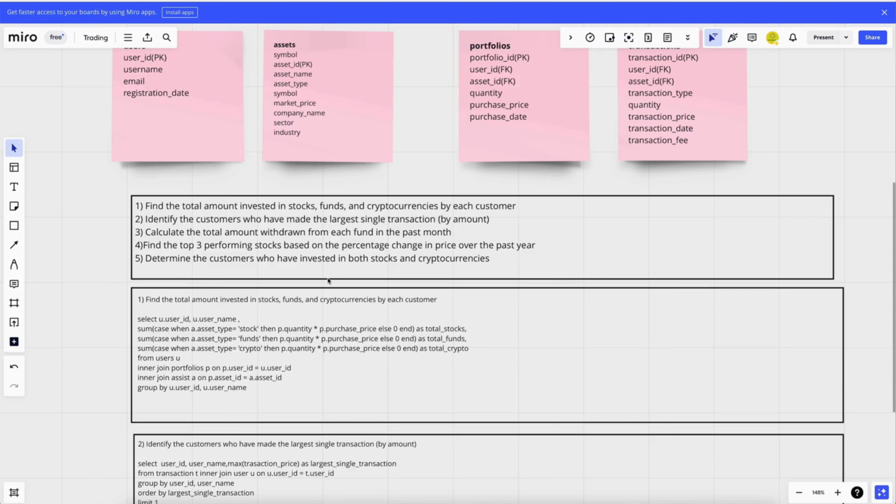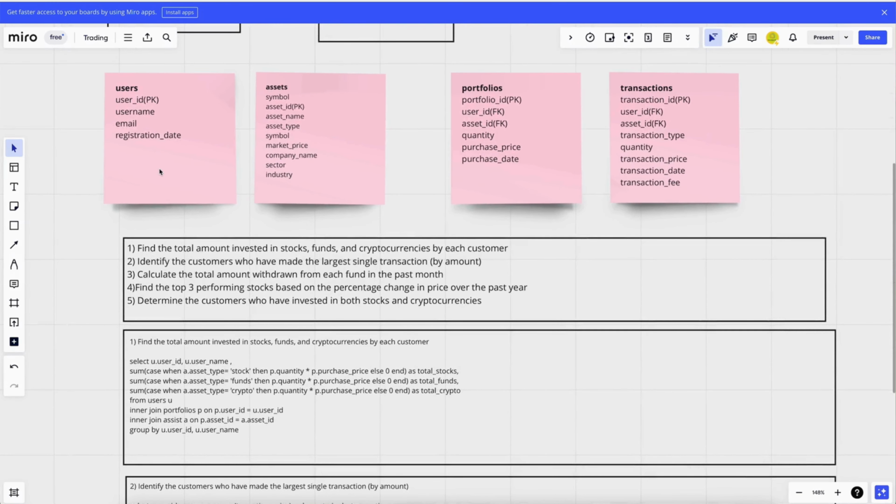So we need to again join our user table, asset table, and we need to again understand which table we should use here, portfolio table or transaction table. If we are going to use a portfolio table, that should be fine.